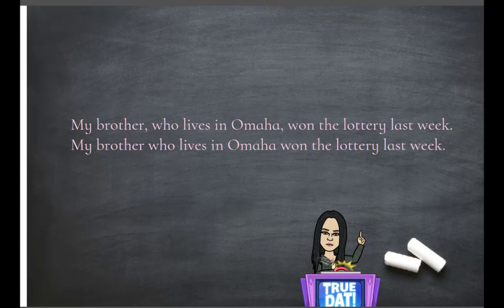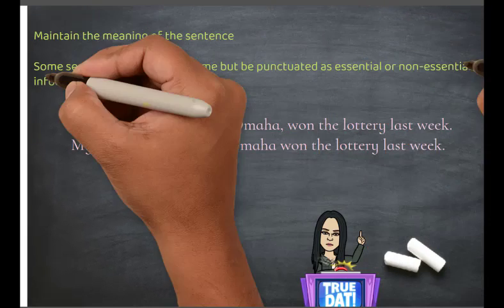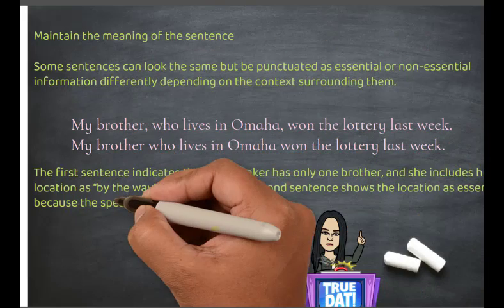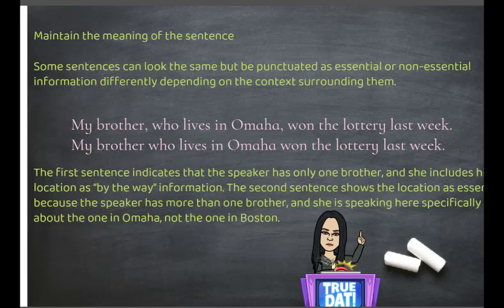Also, one thing to think about is that it saves you a step in adding another sentence. So if you said, my brother won the lottery last week, it's the brother that lives in Omaha, you know, it prevents this unnecessary need for creating additional sentences when you can actually clarify it in just the one, okay?